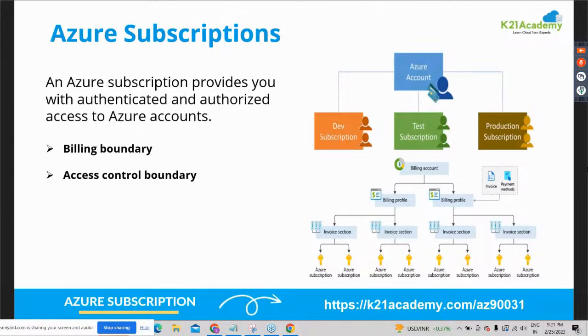So we do have the development subscription, the test subscription is also there, and we do have the production subscription. So you will find different types of subscription approaches when you are going to work with your Azure implementation. And these subscriptions are initially added to your Azure account.